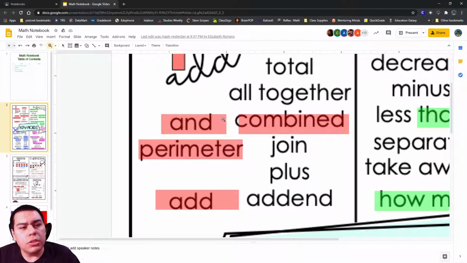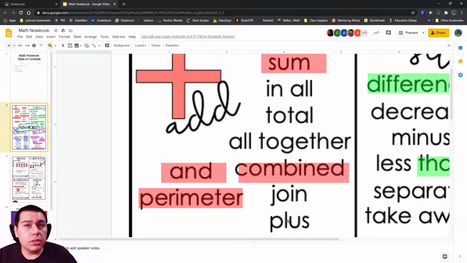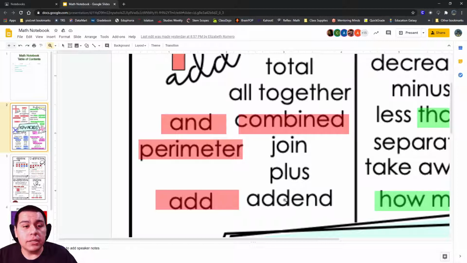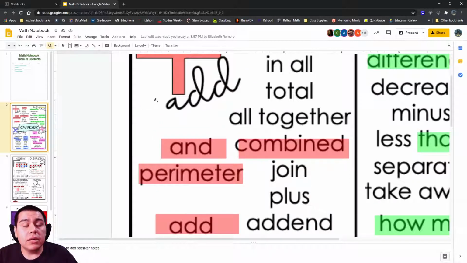And then they'll usually use another word, combined. So and by itself doesn't help you a whole lot, but if you see it with another one of these words, it's a big hint. Or they might say, what's the total number of apples and oranges in total? Or total number of apples and oranges all together.